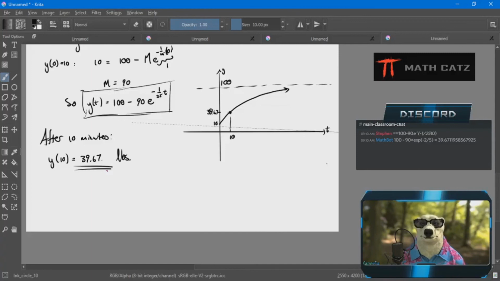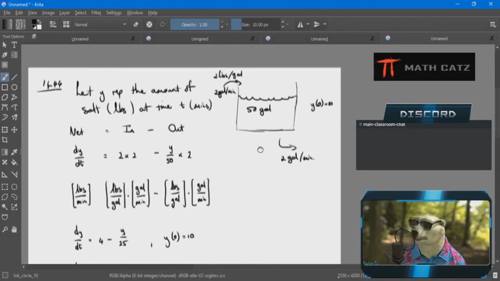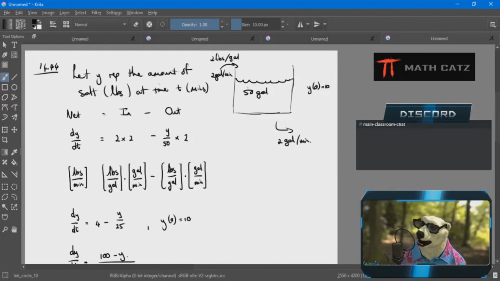But we know from the function that the amount of pounds of salt is slowly increasing to try and reach this 100. It's a hard cap. It'll never actually get to 100, and the closer it gets, the more it slows down because initially what's coming out of the tank has a very low amount of salt.